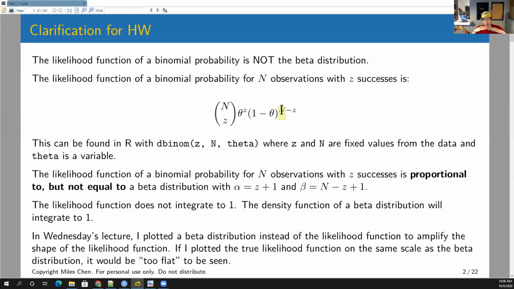More data means your likelihood function gets smaller and smaller. That makes sense because the likelihood function is basically the probability of the data, and the more data you have, the less likely it is to get that specific set of data.